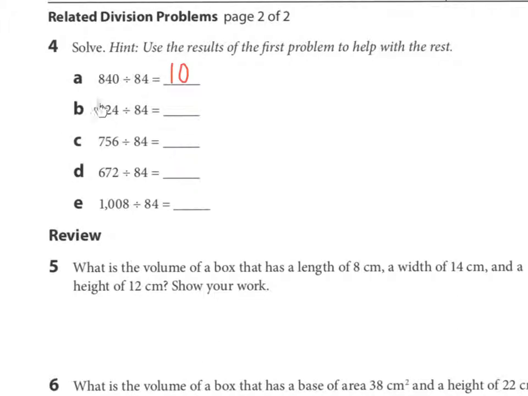Since my divisor has stayed the same, what's the difference? It's hard for me to do that in my head, so on the side I'll find the difference of 924 and 840. I need to borrow here: 12, 11, 10, 9, 8. So the difference is 84. So 924 is 84 more than 840. It's going to be one group more. So therefore the answer here will be 11.